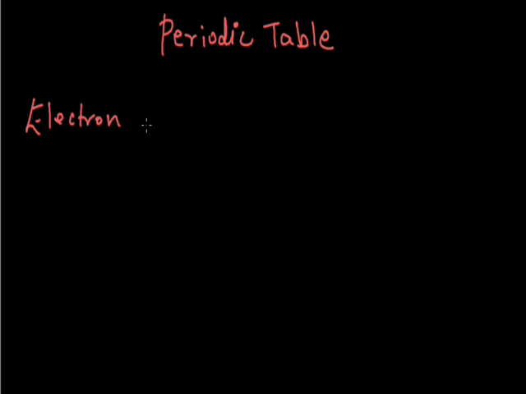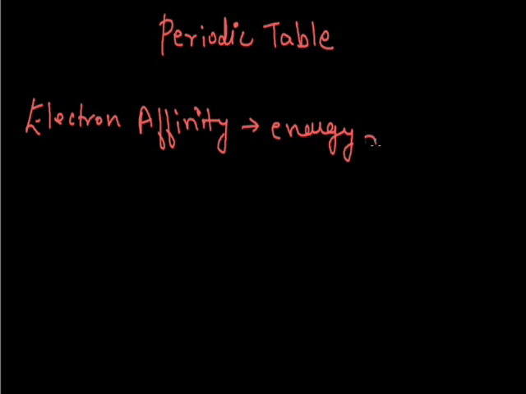So what is this electron affinity? It is nothing but the energy released when an electron is added to an isolated atom. It can be defined in another way also, as the tendency of an isolated atom to attract the electron towards itself, because the tendency to attract the shared pair of electrons is electronegativity.